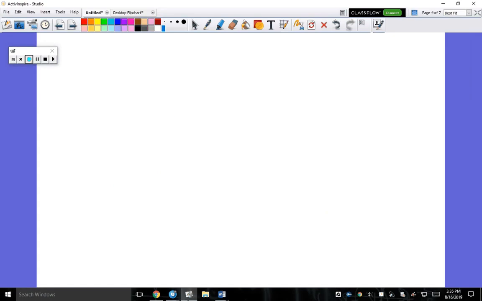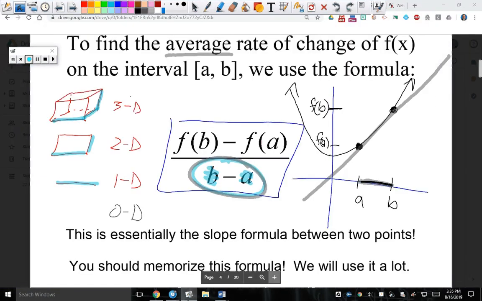So anyway, let's go back to this graph right here. What I'm going to do is show you graphically what an instantaneous rate of change is going to look like. Okay, so here we go.